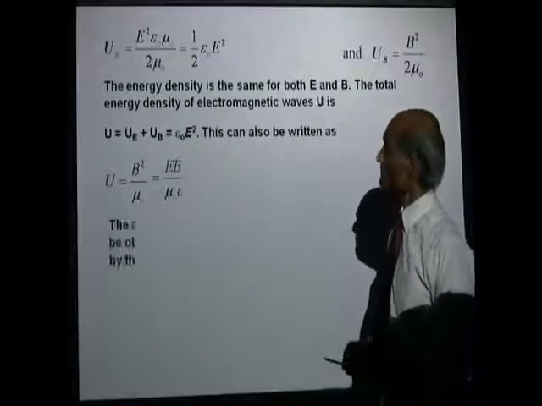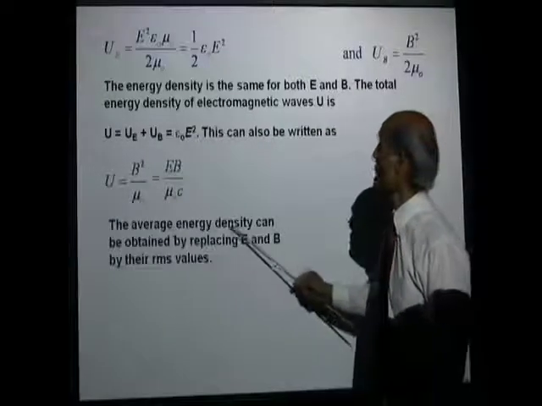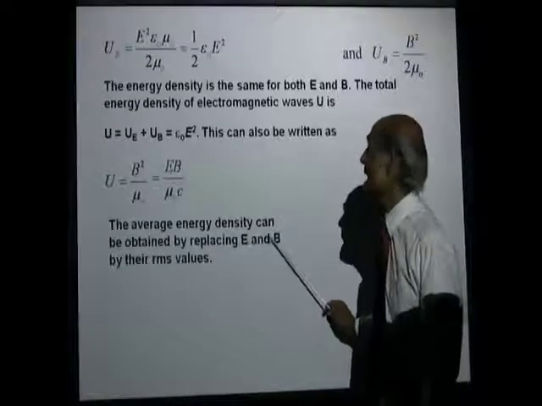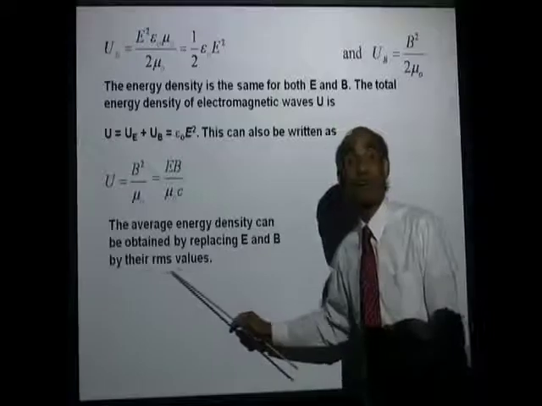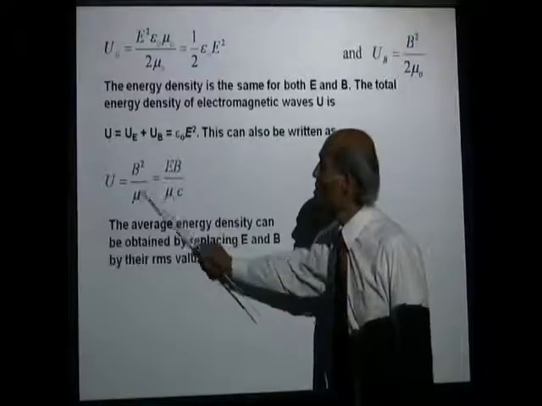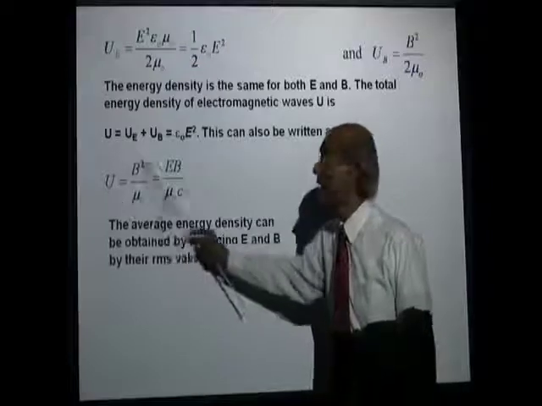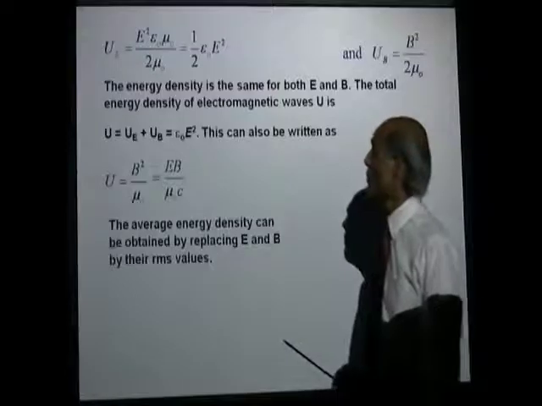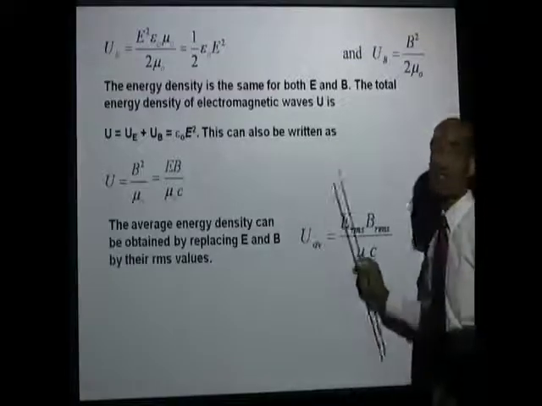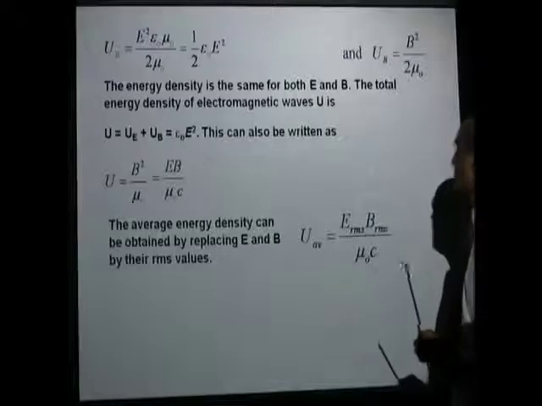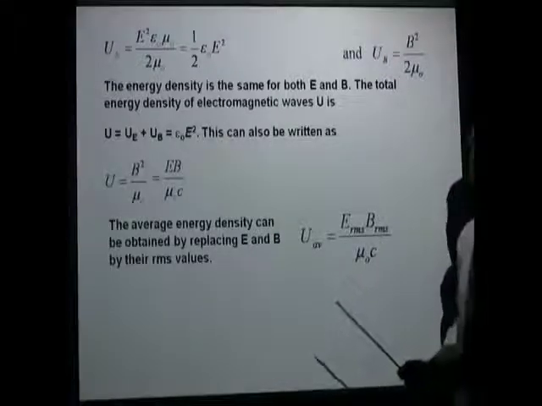Now the average energy density can be obtained by replacing E and B by their RMS values. So if this is the energy density for an electromagnetic wave, EB divided by mu 0 C, what is the average energy density? It will be E RMS times B RMS over mu 0 C.